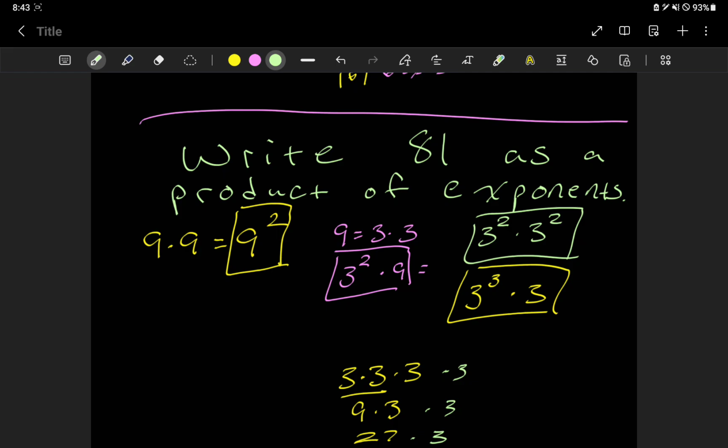Okay, so any of these are possible. Okay, so product of exponents. Okay, any of these are possible. All right, good luck. I was going to use the computer to stop this. That doesn't work.